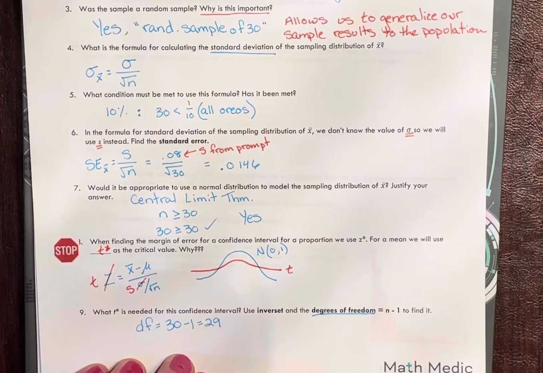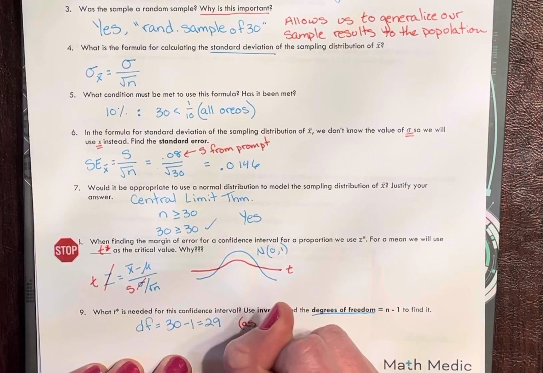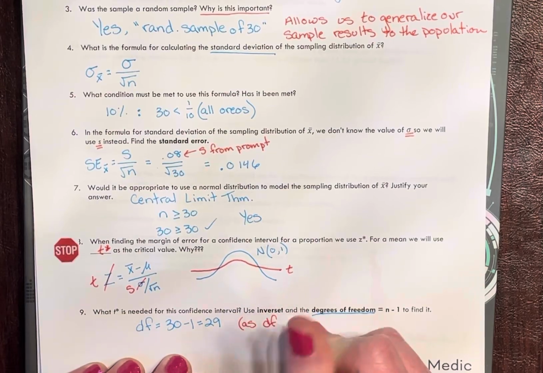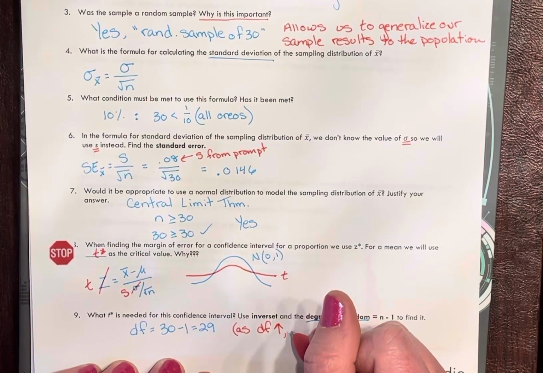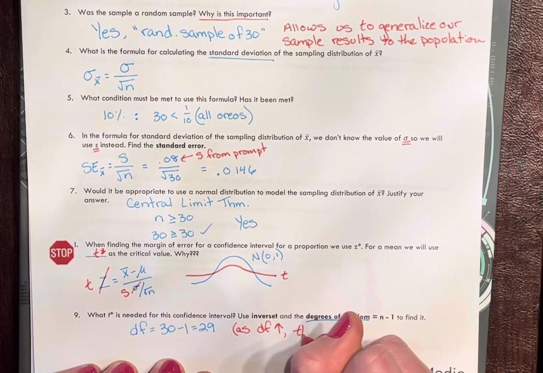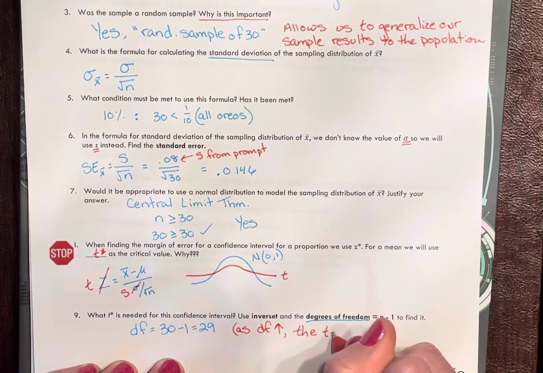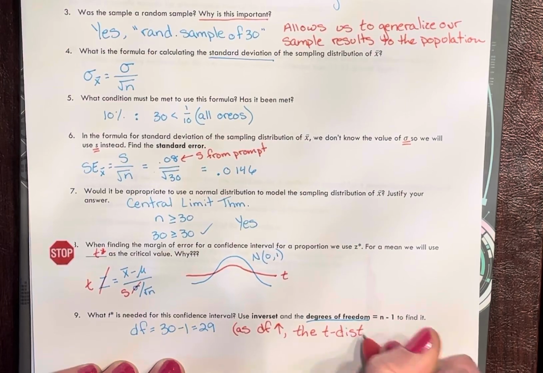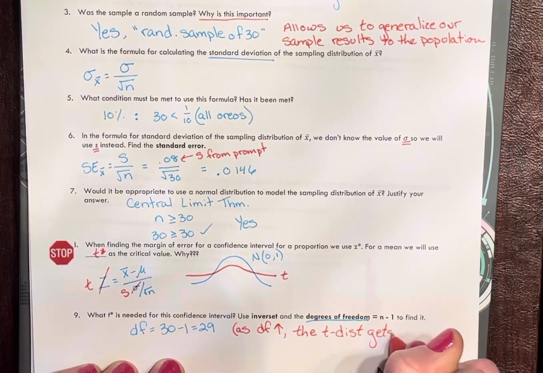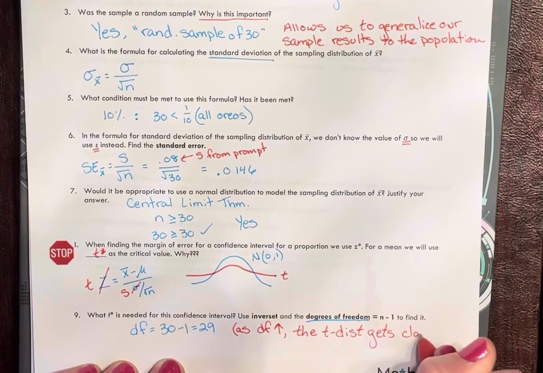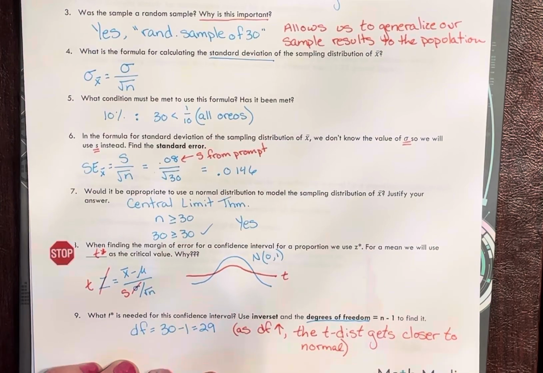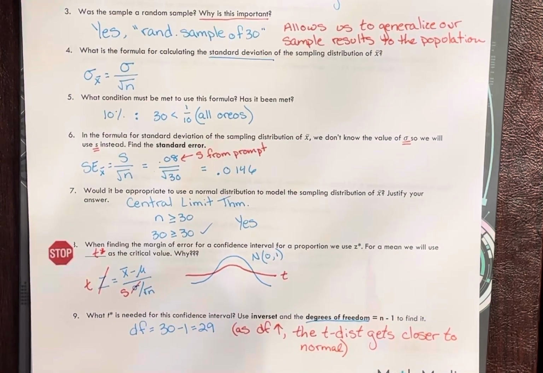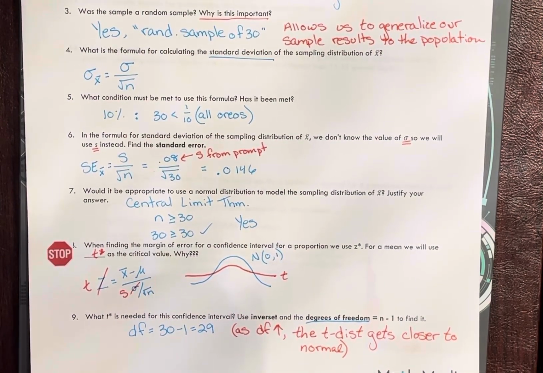And it's important to note that as the degrees of freedom increases, the t distribution gets closer to a normal distribution. So 29 degrees of freedom is pretty good. The t-score and the z-score won't be that far apart.